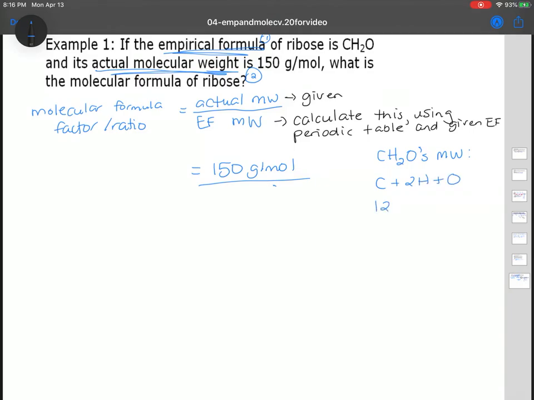So decide for yourself how much work you need to show. And here it actually doesn't matter. You can round quite a bit if you want. And then you can see, 150 divided by 30 is 5. So the actual molecule is 5 times bigger than what the empirical formula says.